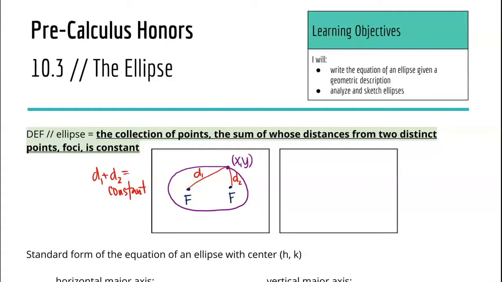So when you get your ellipse, I'm going to draw it again because it has a lot of characteristics that go along with it. Besides the foci, we have the center, okay? And if you draw a segment through the center to the furthest parts of the ellipse, that's going to be your major axis. And then if we go perpendicular to that, to the shortest sides, that's going to be your minor axis.